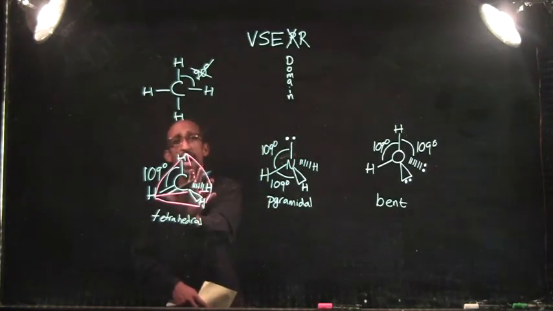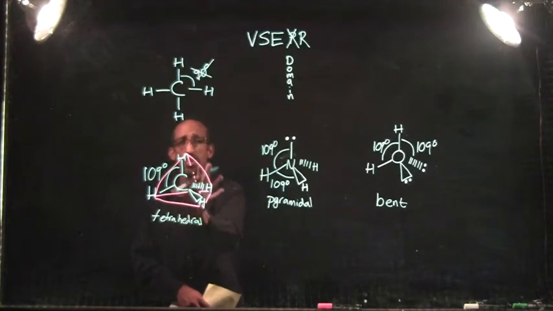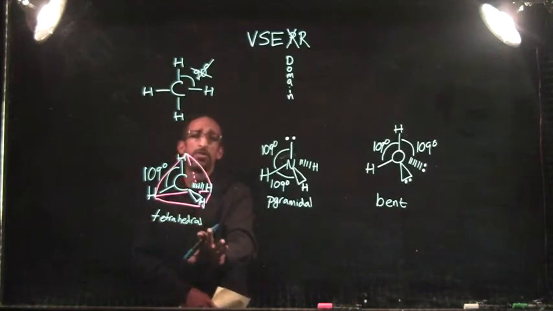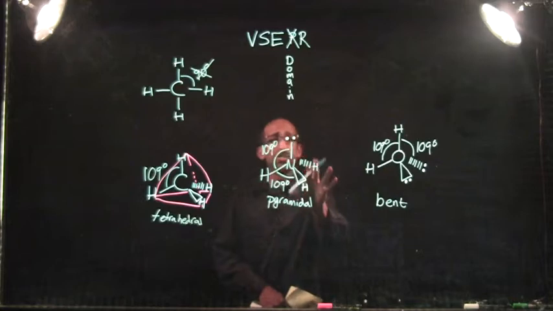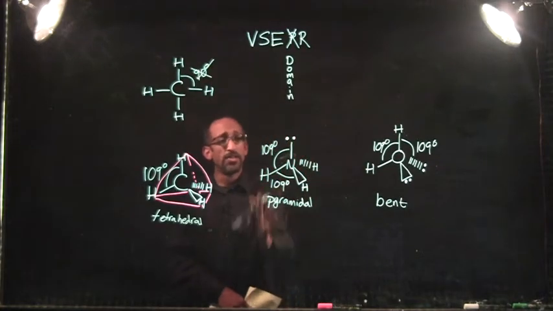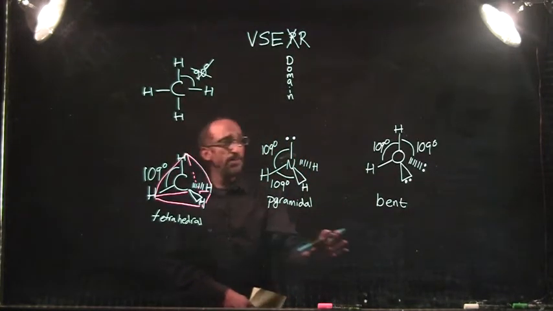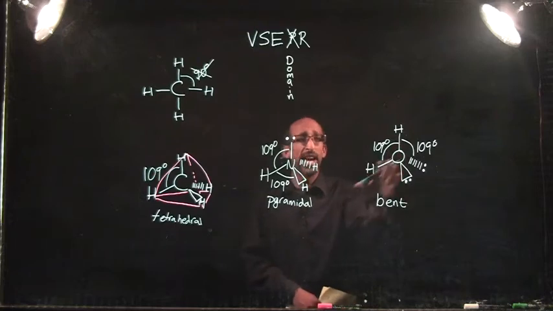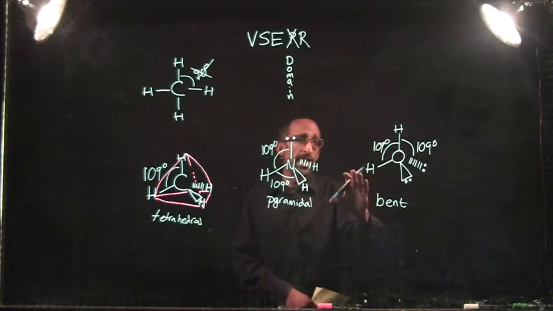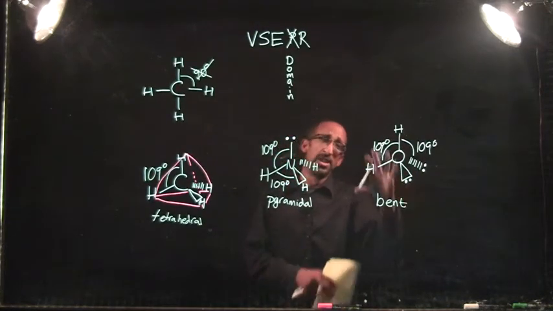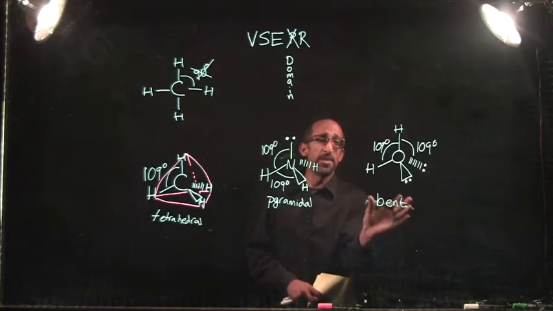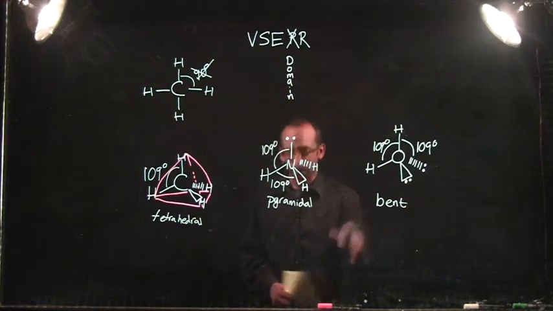When we have 4 atoms, 1 at the end of each electron domain, tetrahedral geometry. 3 atoms and 1 lone pair, this is going to be a pyramidal geometry. And finally, if we only have 2 atoms, right, and then 2 lone pairs, still 4 electron domains, but this time we call it bent.